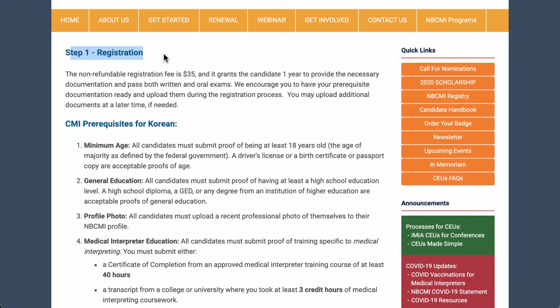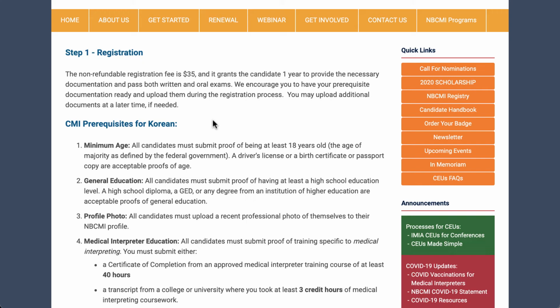Step 1, the actual registration. There is a non-refundable registration fee of $35 US dollars. Once you pay for this, you get 1 year to submit all your documentation and pass both the written and oral exams if you are going for the CMI credential. Meaning, you will want to have everything ready before you actually register.